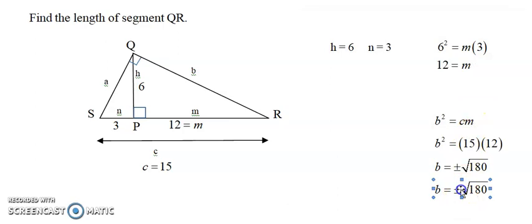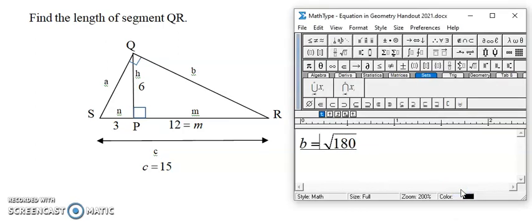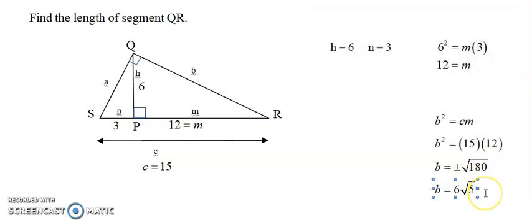And I can reduce that and say that that's 6 root 5, and that is the most precise and most simplified we can get, and that's the missing value.